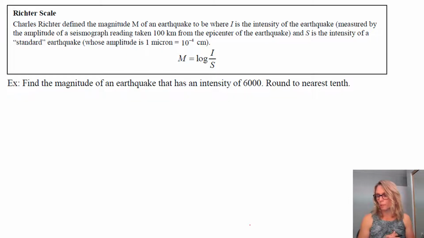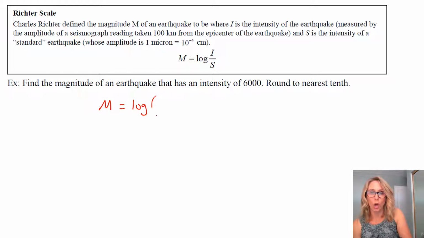So another example would be the Richter scale. This is how the magnitude of earthquakes is determined. You'll notice that the formula has M, which is the magnitude of an earthquake. It uses a log.